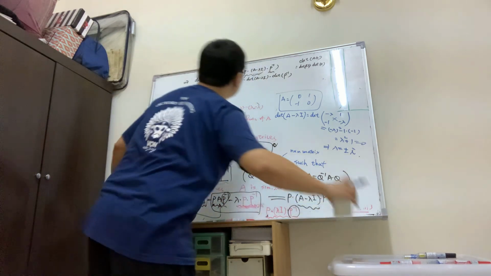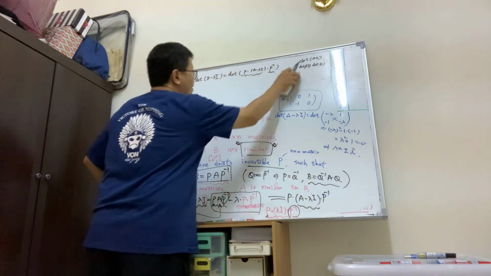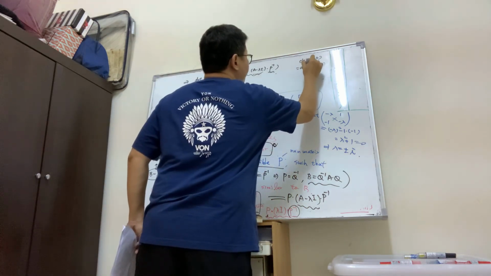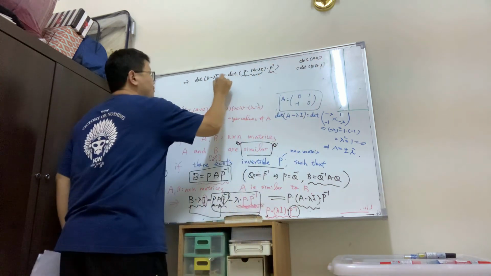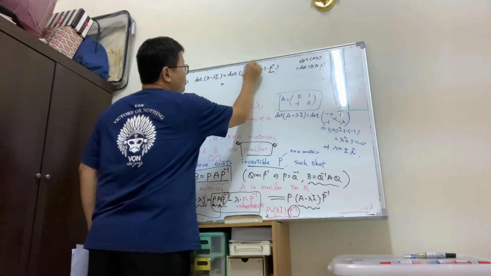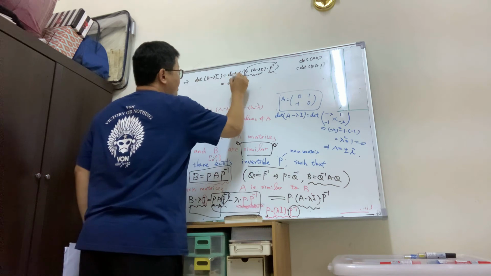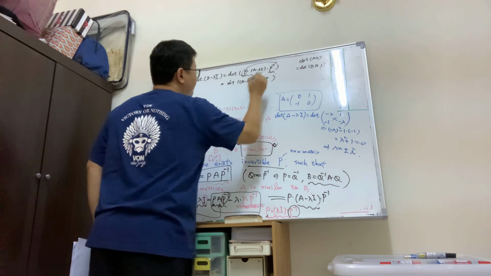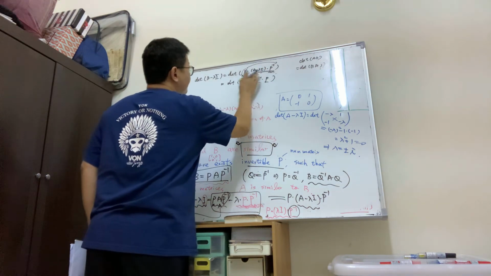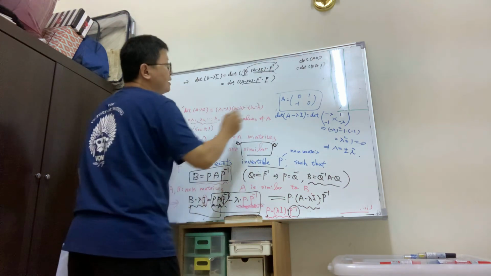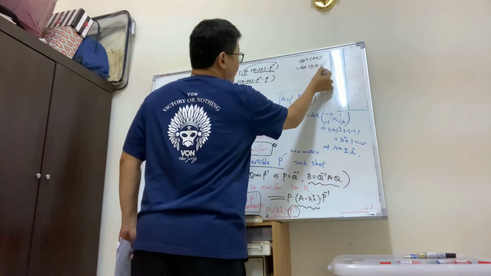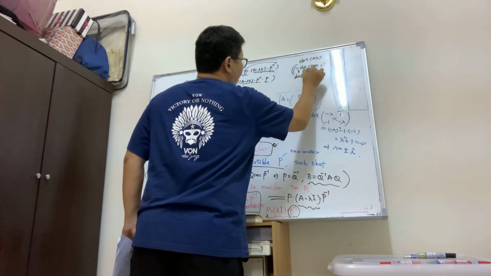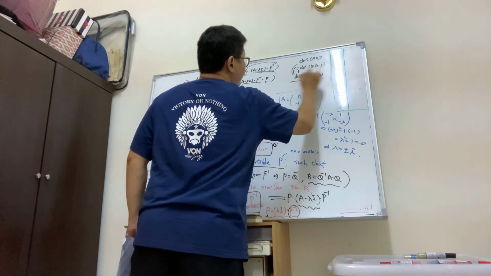And actually here, maybe there is one way to show it directly. The determinant of AB equals the determinant of BA. It will be simple to solve it. So for this term P, we could put it on the right-hand side. It's equal to the determinant of A minus lambda I times P inverse times P. Since we know that the determinant of AB equals the determinant of A times the determinant of B, of course we have this result.